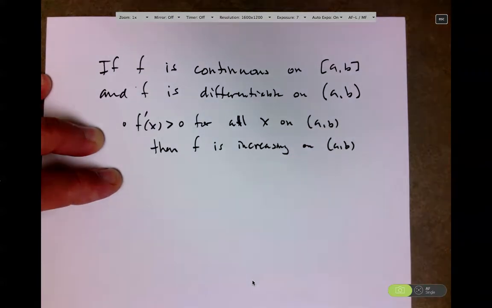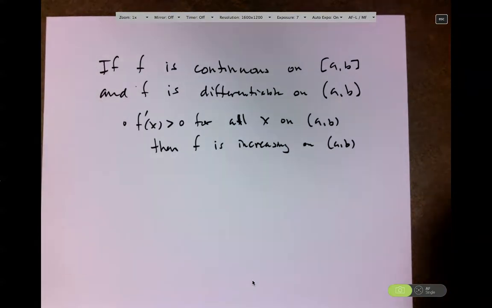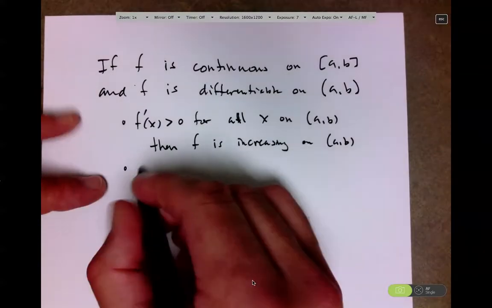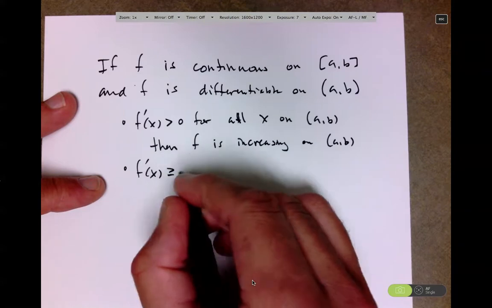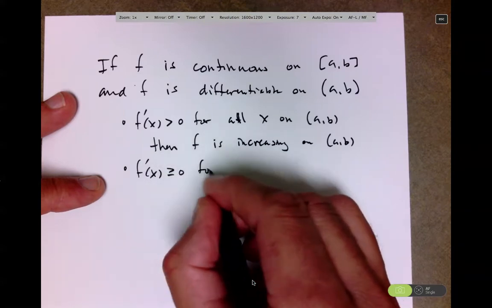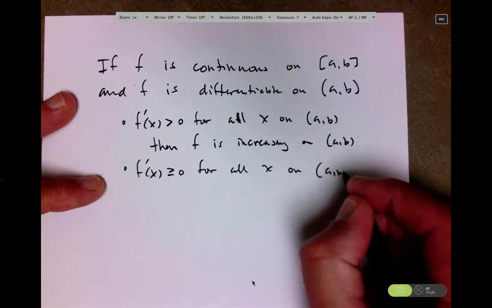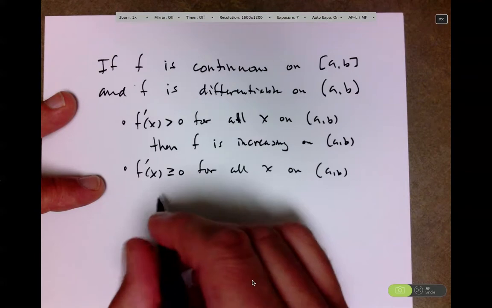If the derivative is everywhere positive, the function is increasing. And then there's a second bullet that says, what if the derivative is greater than or equal to 0 for all x on a, b? Now we're saying not just positive, but also possibly 0.